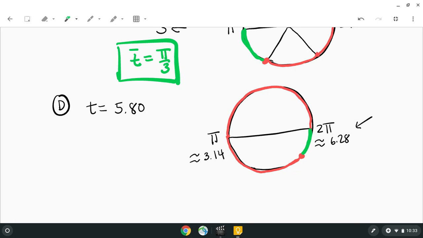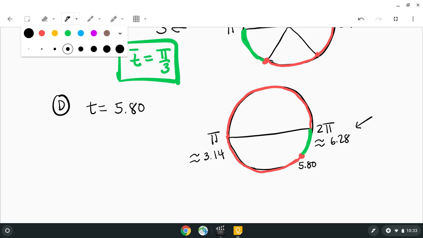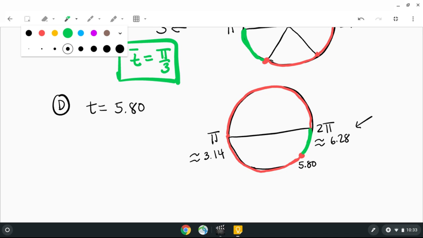Okay. So if I've traveled all the way to here, and this is 5.80, and going full circle will give me 6.28, then how should I find that distance there? Okay, I know one of you guys just said it. You would subtract.